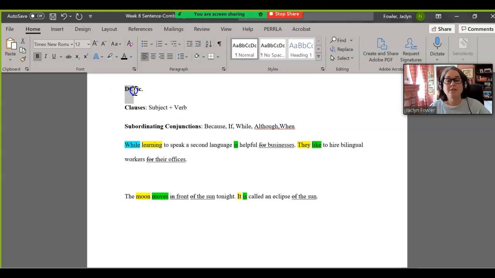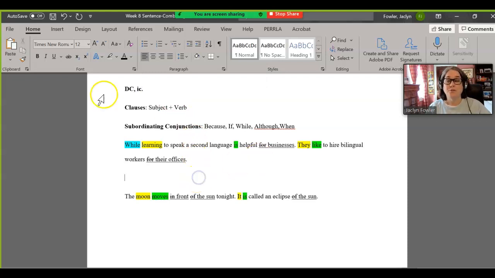So the dependent clause is capitalized because it'll be the first letter of the sentence. So while is capitalized. All first words of every English sentence is a capital letter. Then we add a comma after it, and then we add the independent clause. And in general, the independent clause does not have a capital letter. It's a small letter unless it's a proper name or I. And then at the end, we finish with a period.